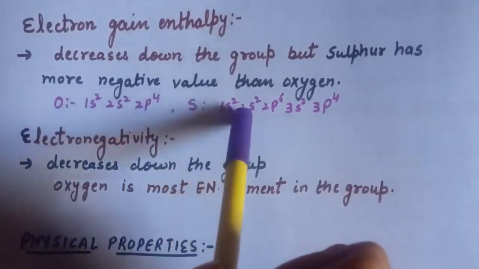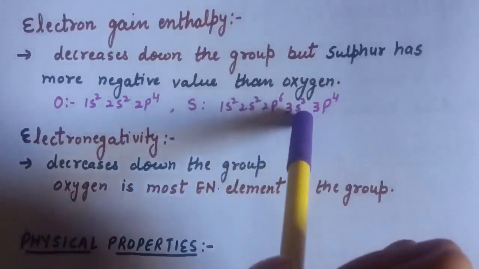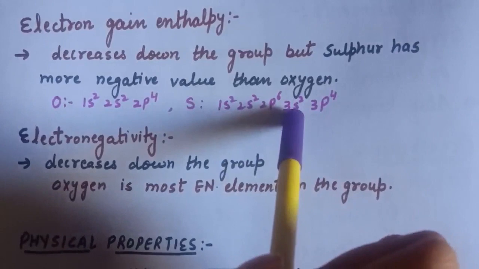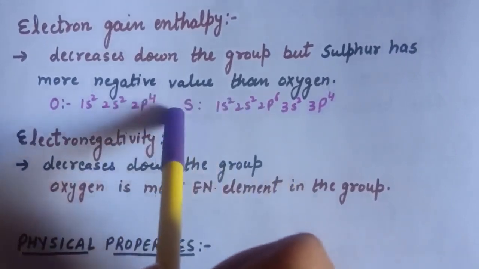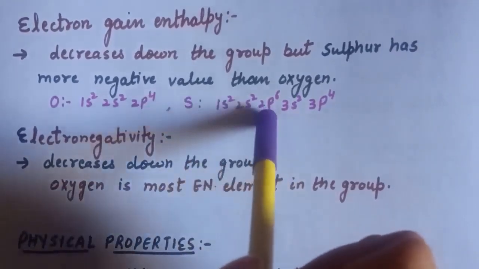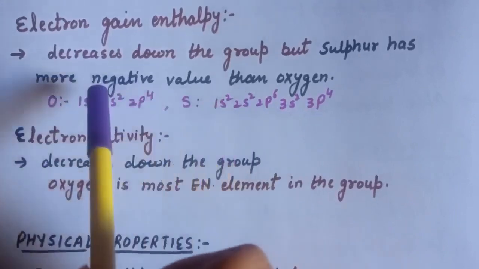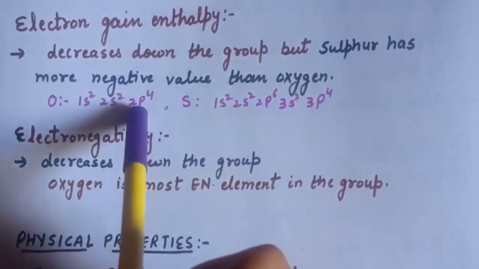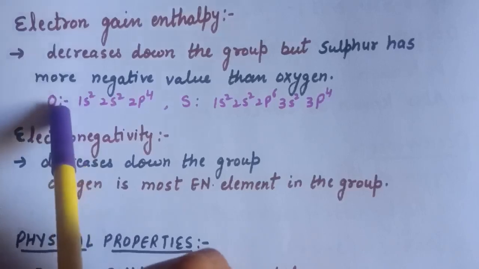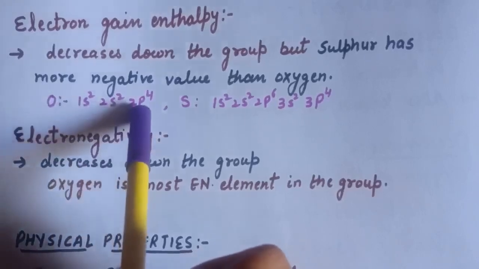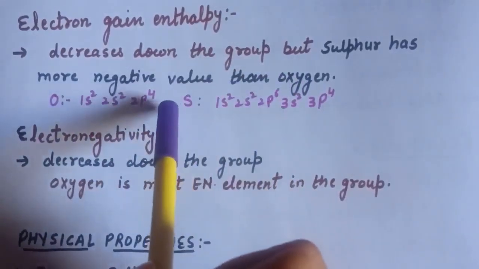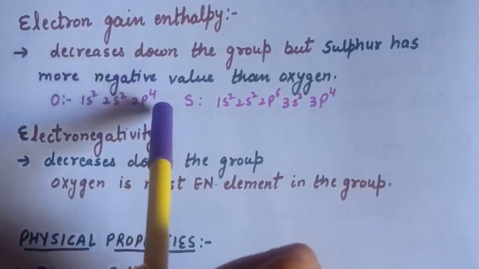Whereas in the case of sulfur, the value of n, that is the principal quantum number, is 3. Therefore, it is easy to add an electron in sulfur because of its large size. And in oxygen, when we add an electron in the 2p, because of the small size of oxygen, it will experience repulsion. Because of this, oxygen has the least negative value among group 16 elements.